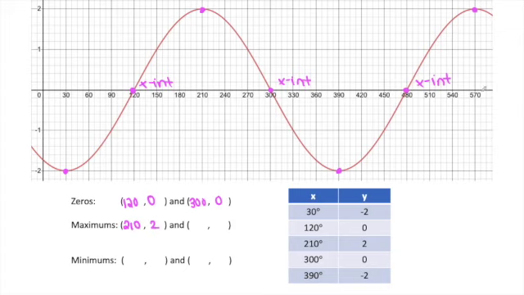Or go over to your other maximum that you just graphed, 570 and 2. Okay, your minimums are going to be 30 and -2. And the other one is 390 and -2. Okay, so sometimes you do have to extend that graph to get that. So copy this out, make sure it's copied out, and then we'll go on to our next example.